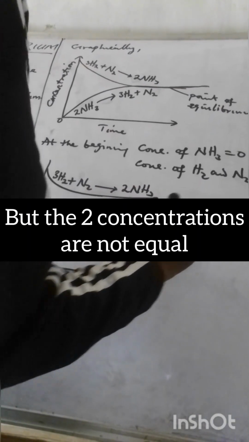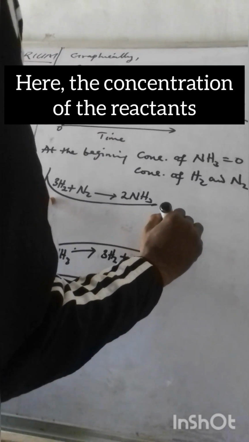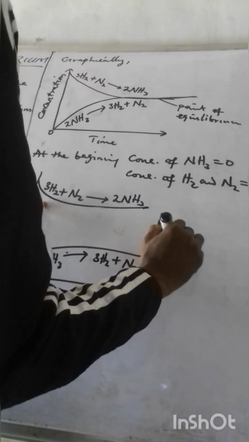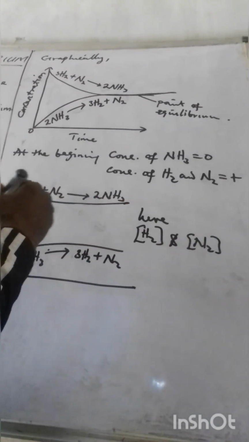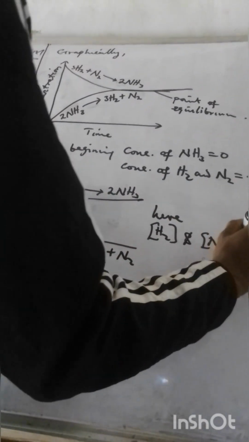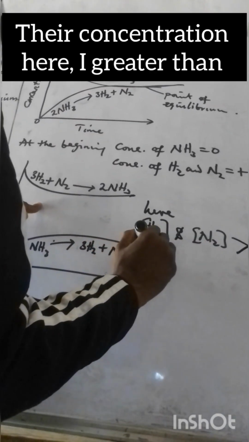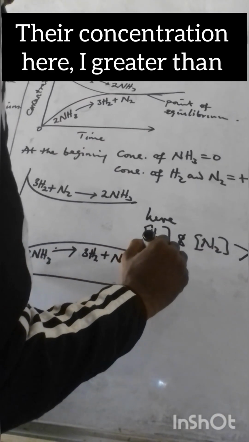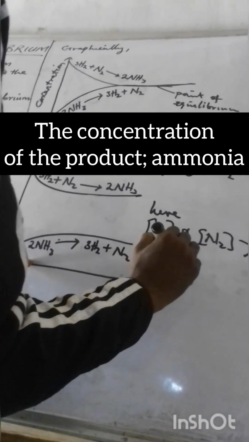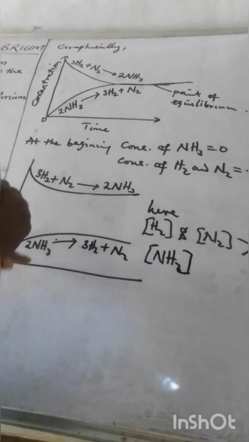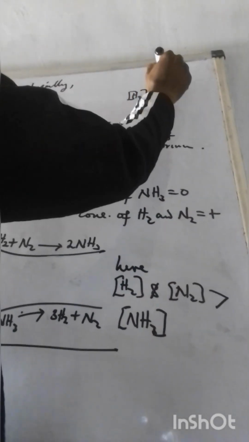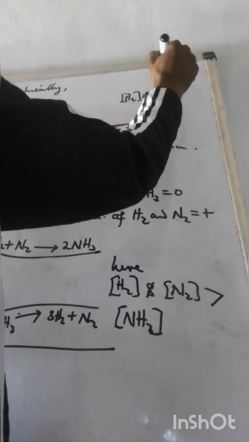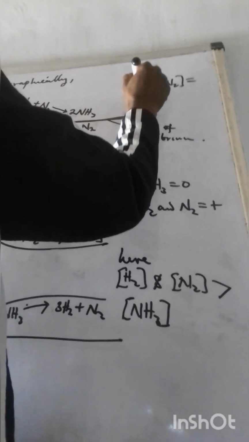Here, the concentration of the reactants, that is hydrogen and nitrogen, is greater than the concentration of the product, which is ammonia. But here, the concentration of the reactants is the same as the concentration of ammonia.